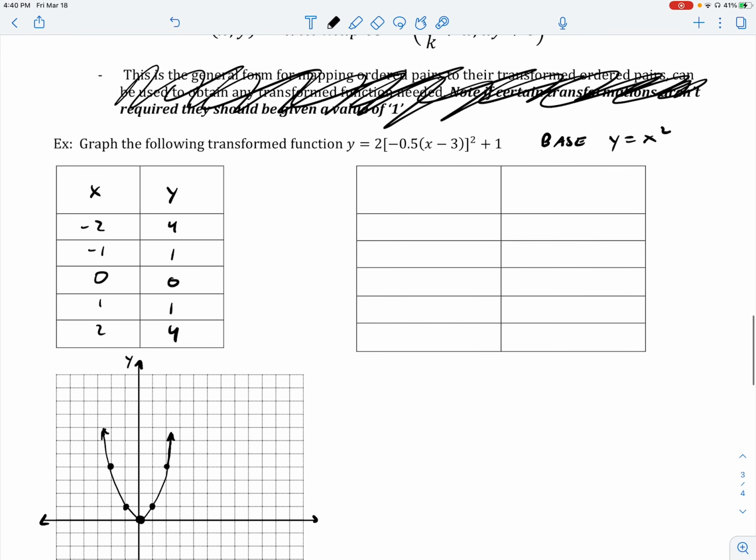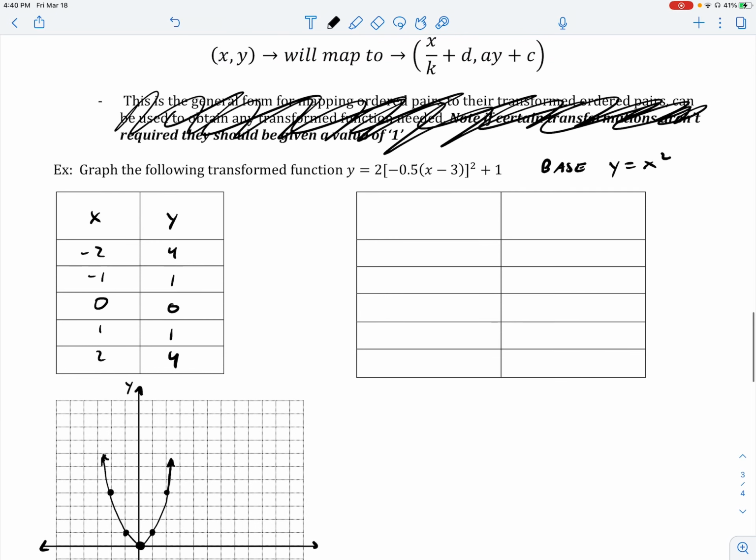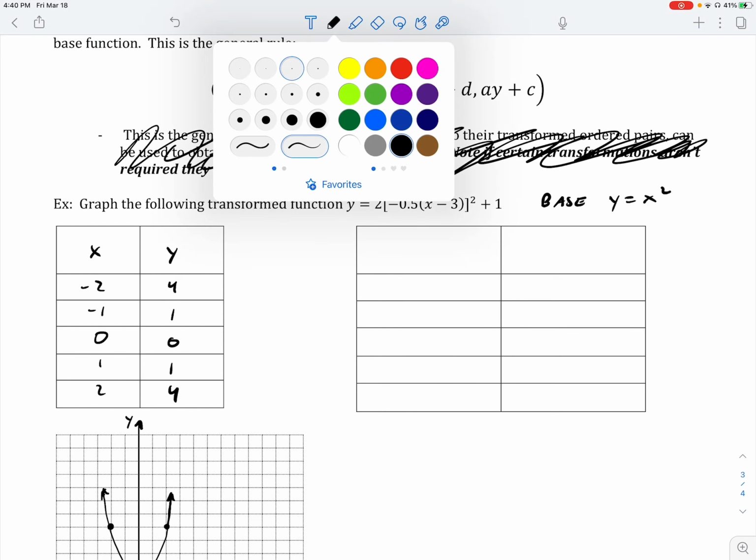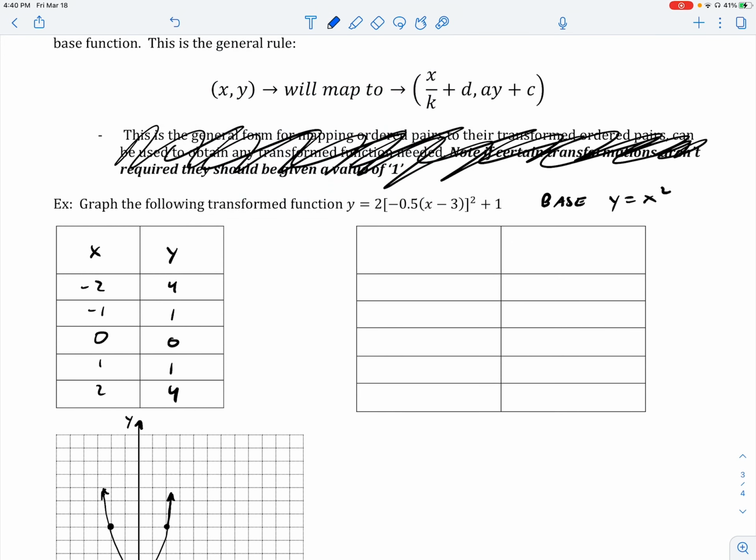Now to get my new function, I want to map over the points using this formula. So let's identify A, K, D, and C. I'll keep everything color coded like I've done so far. I can see that A is 2 from right here. I can see that K is negative a half.